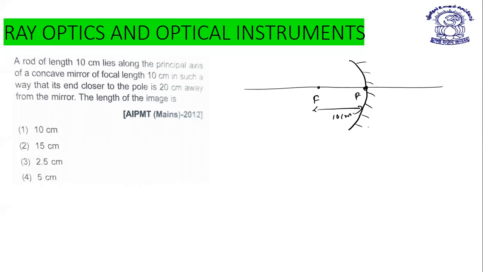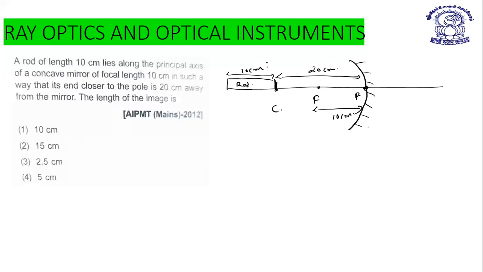Its end closer to the pole is 20 centimeter away from the mirror. This is the center of curvature. This much distance is 20 centimeter and this is the rod of length 10 centimeter.